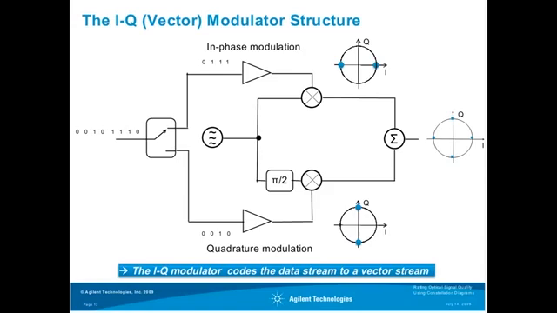If you combine both of them, you end up with this constellation diagram that has 4 constellation points, and to these 4 constellation points, as we have seen before, you can code 2-bit combinations. So the IQ modulator codes a data stream into a vector stream.